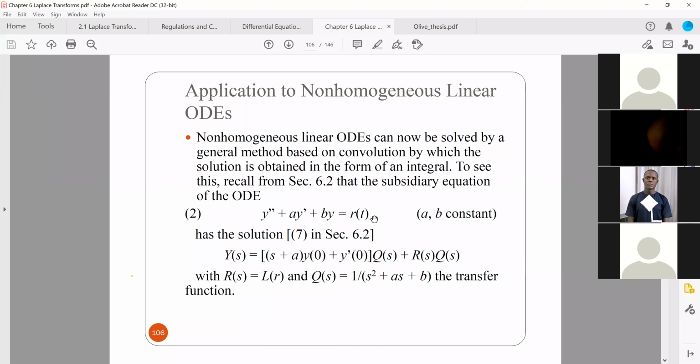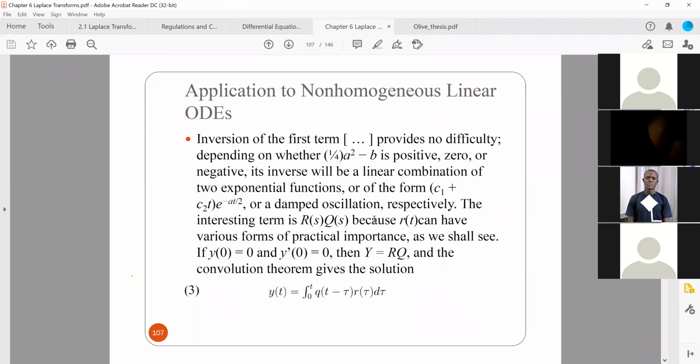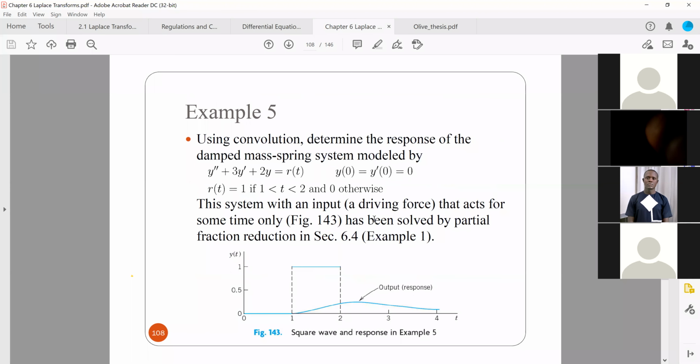And then application to non-homogeneous linear equations. I think we'll look at an example. So using convolution, determine the response of the damped mass spring system modeled by this equation.